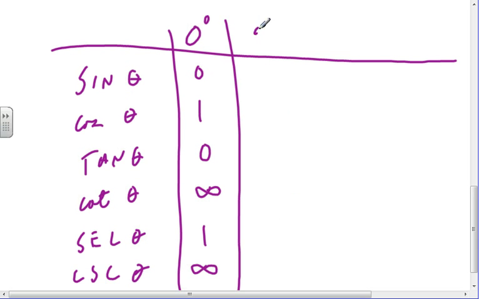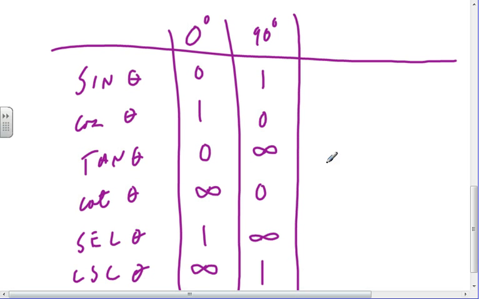I look at 90 degrees. Sine is 1. Cosine is 0. Tangent is undefined. Cotangent is 0. Secant is undefined. Cosecant is 1. I look at 180 degrees. I look at 270 degrees.